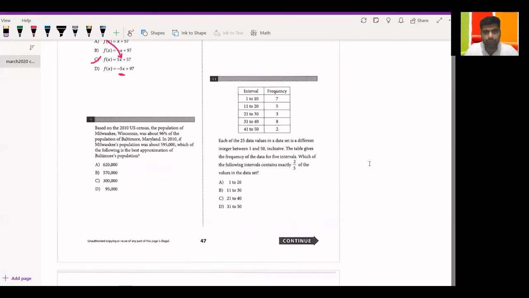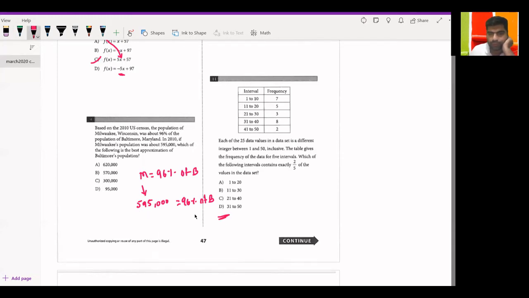Milwaukee, Wisconsin was about 96% of the population of Baltimore. If Milwaukee's population was 595,000, which of the following best represents Baltimore's population? Okay. M is 96% of B. M is given as 595,000, which equals 96% of B. So my answer is going to be a little more than 595,000, right?